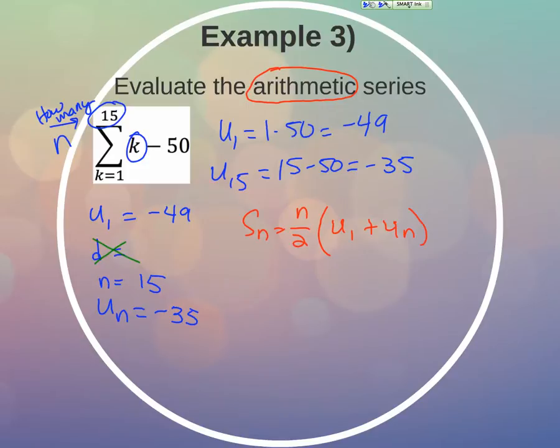Now, if you're one of those people that really like the long formula, you'll want to find the second term and calculate the common difference, but we don't really need to. The sum of my first 15 terms, I can do 15 over 2, and then negative 49 plus negative 35.